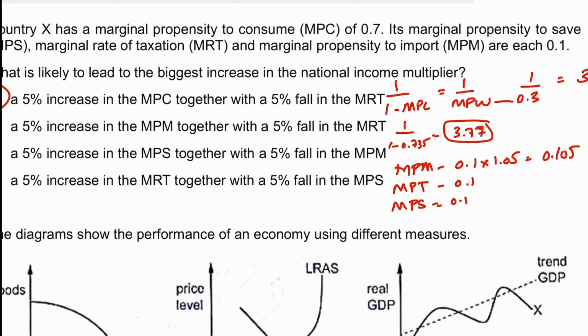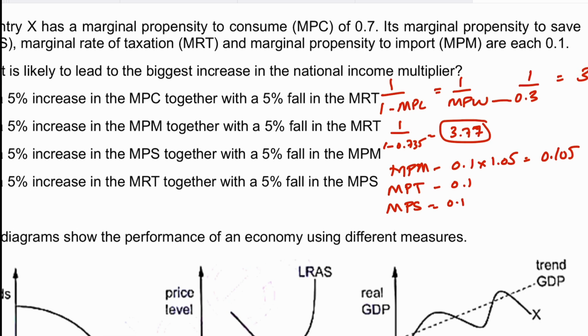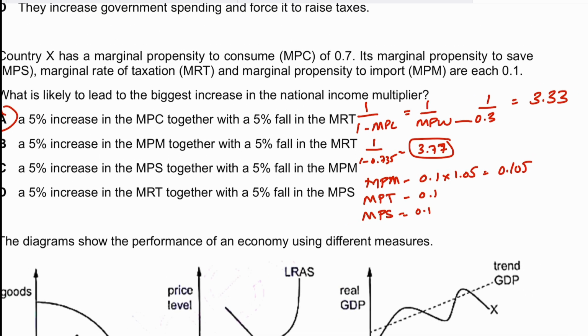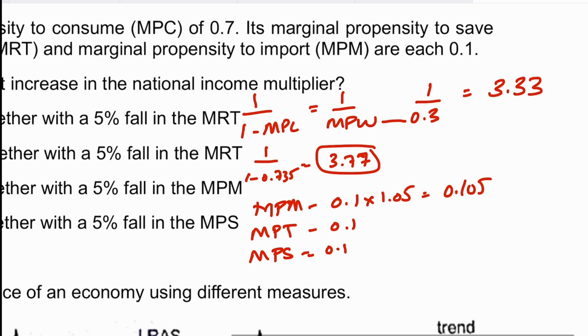And the MRT, that is marginal propensity to tax, falls by 5%, and so it would be 95% of 0.1, and hence it would be equal to 0.095, right?